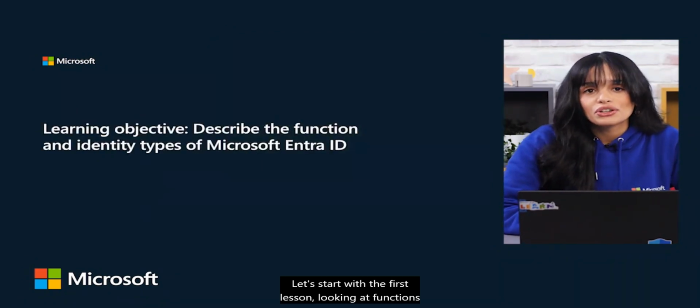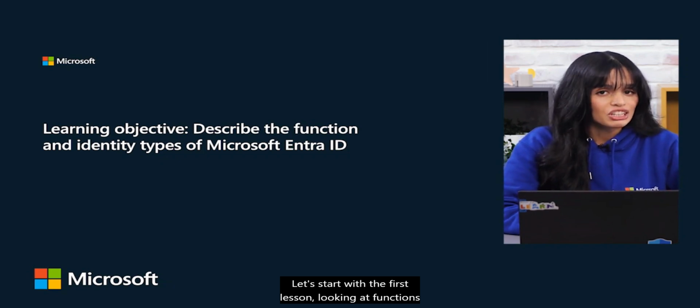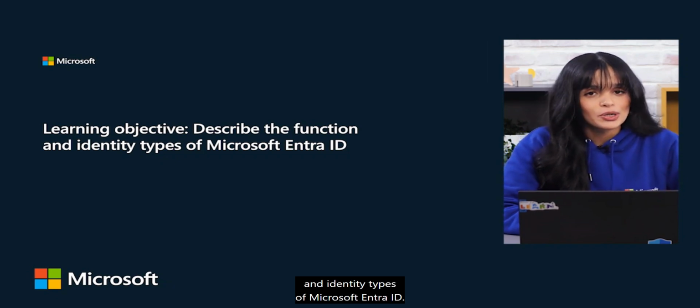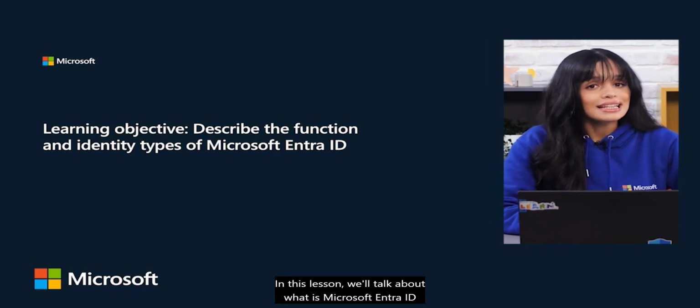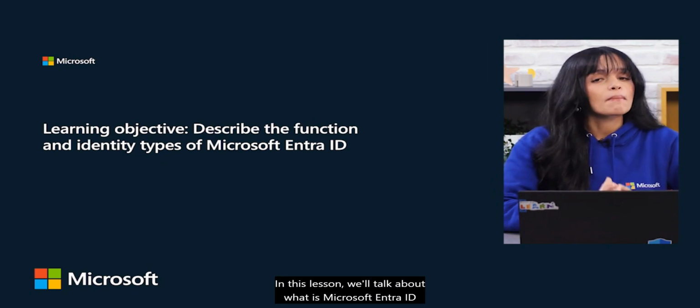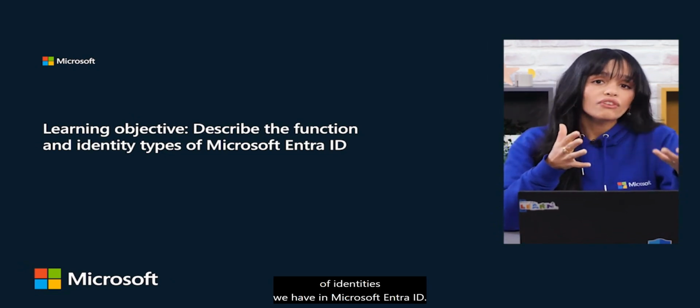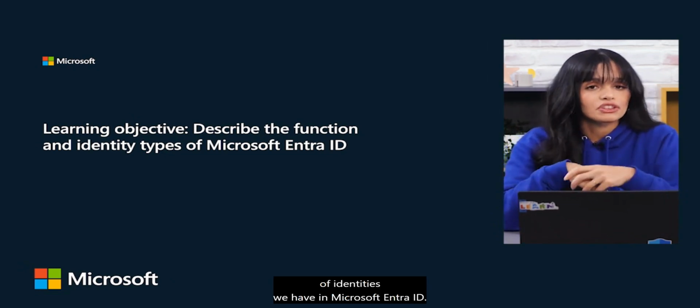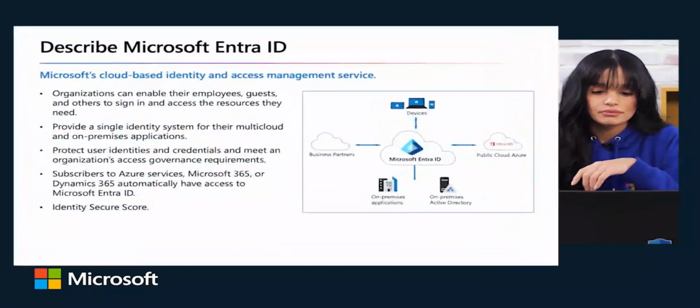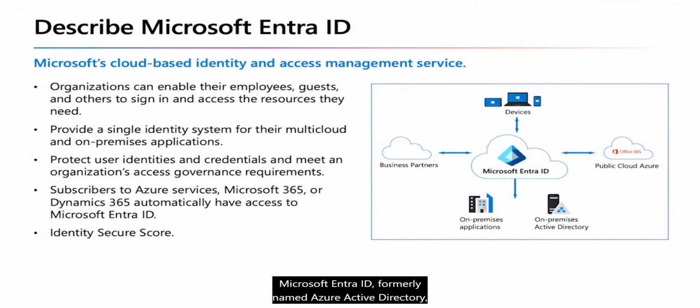So let's start with the first lesson, looking at functions and identity types of Microsoft Entra ID. This lesson will talk about what Microsoft Entra ID is and about the different types of identities we have in Microsoft Entra ID. Microsoft Entra ID, formerly named Azure Active Directory, is Microsoft's cloud-based identity and access management service.